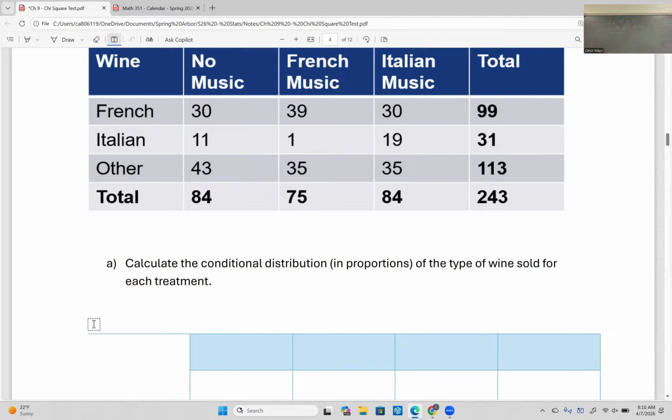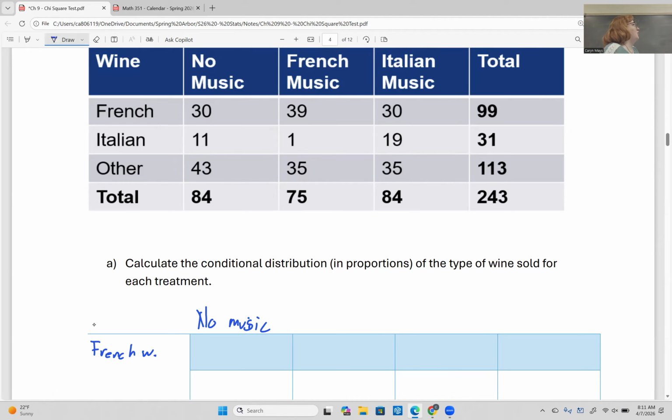If no music was playing, what proportion of Italian wine was bought? So how would, numbers wise, how would I calculate that for no music versus French wine?